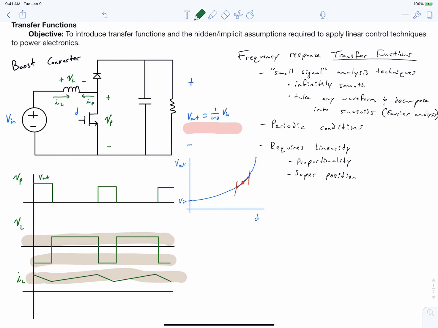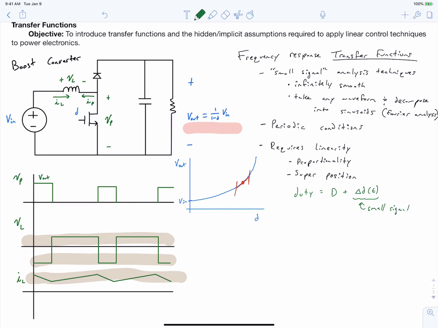In fact, this enables us to express our input to our system. Let's say we're talking about duty ratio as an input in terms of a nominal duty ratio plus some delta D of t. And this delta D of t is our small signal perturbation. This is our sinusoidal input that we previously discussed.